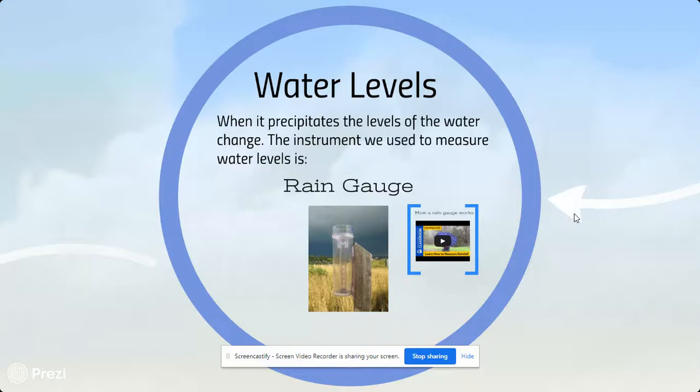The instrument we use to measure water level is a rain gauge. The rain simply falls into the rain gauge and collects, and you measure it. If you wanted to know how much it rained the next day, you would empty the rain gauge and it would start over. If you wanted to know how much it rained for the whole week, you might not empty the rain gauge until the end of the week and measure that.